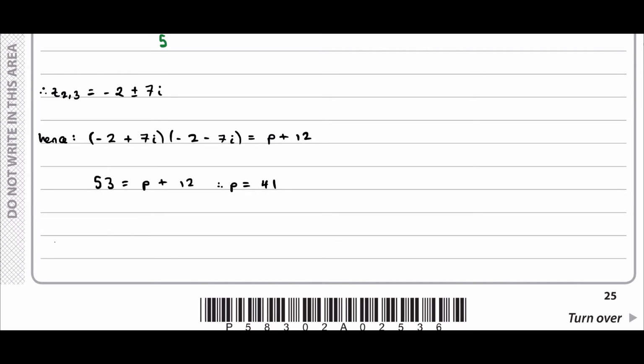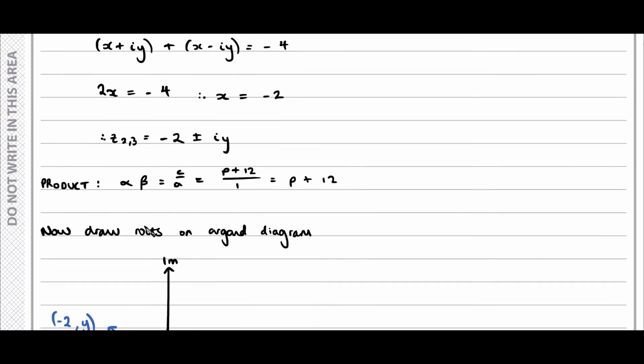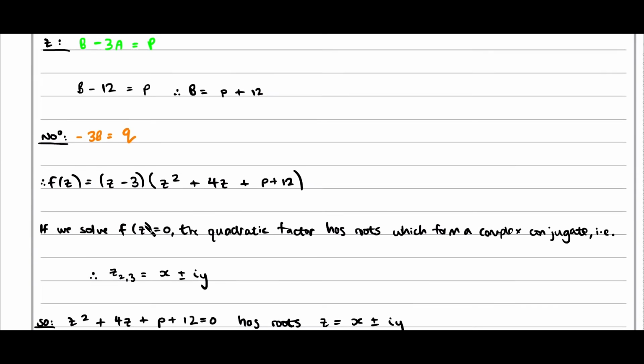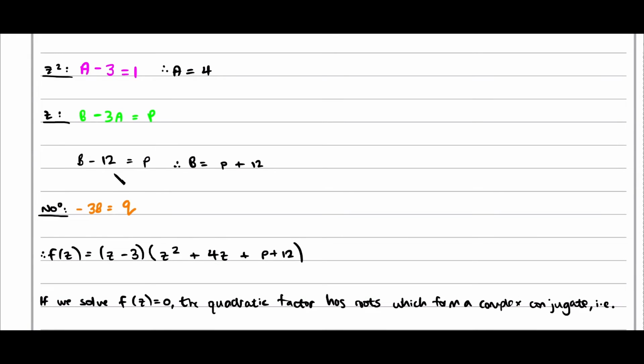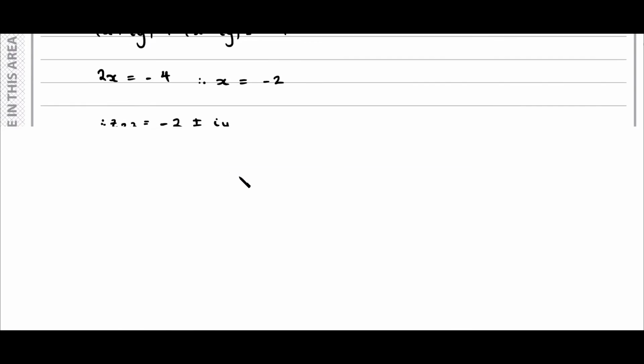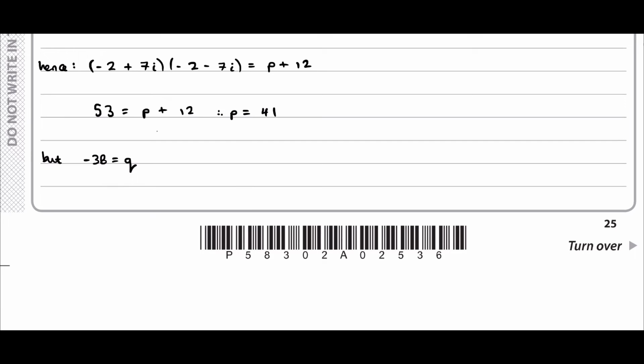And we also know that minus 3b is equal to Q. We said that before over here. And we also know that B is equal to P plus 12.